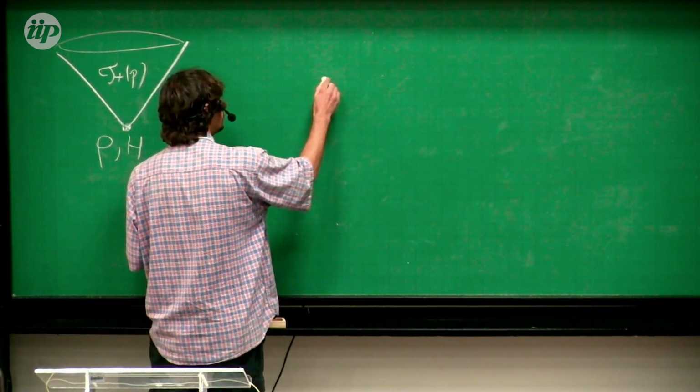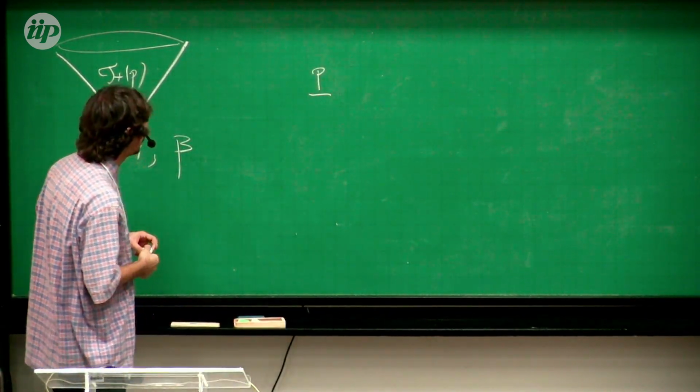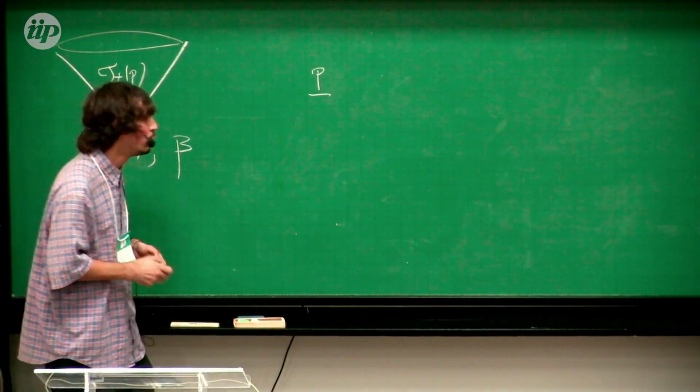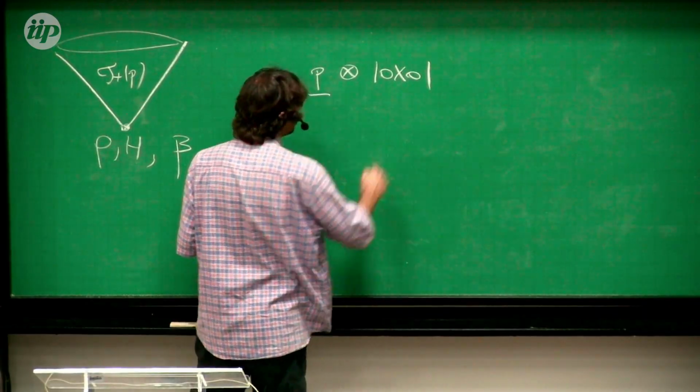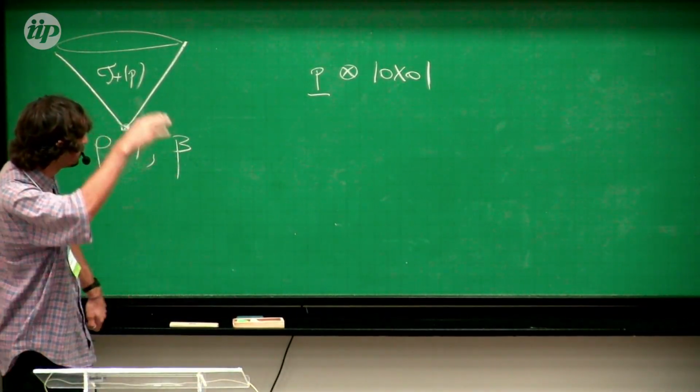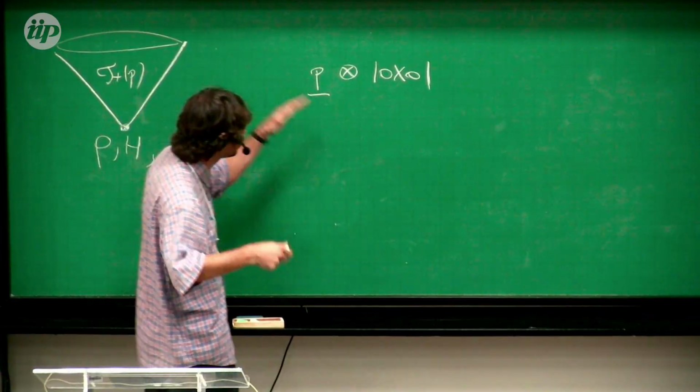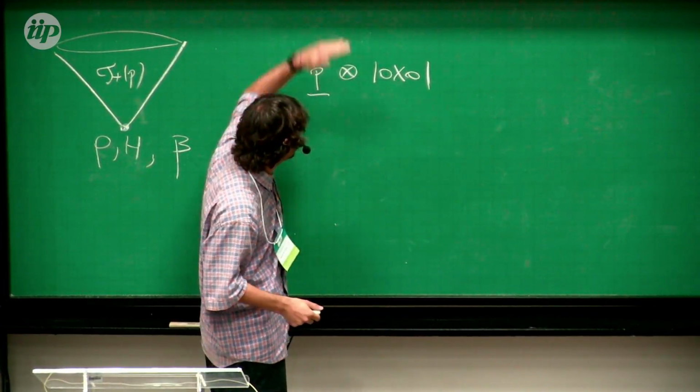Assume that you have your initial out of equilibrium state, and then you couple a battery system. This battery system can be thought of as a qubit, but could also be thought of as a continuous variable system where you have different energy ladders and so on.